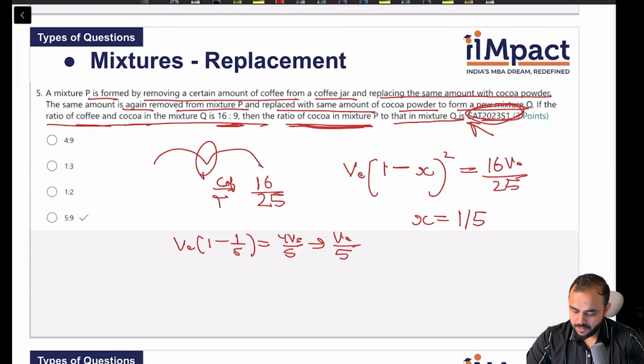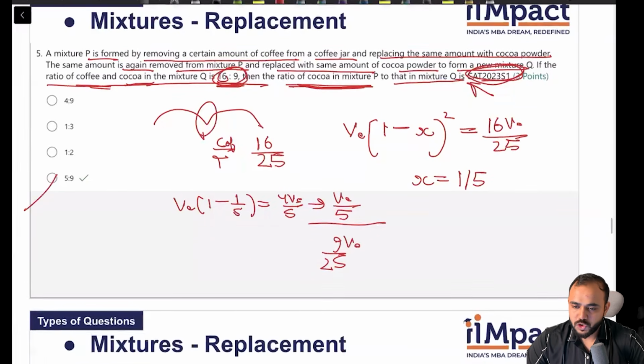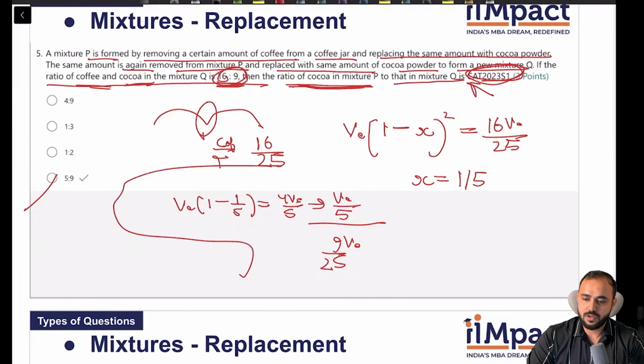It's going to be what? 9 by 25. It's already given to us. Coffee to cocoa is 16 to 9, which means cocoa to total is 9 by 25. So 9 V naught by 25 is going to be cocoa in mixture Q. They're asking us for this ratio. It's going to be what? 5 is to 9. So again, same application, but they just had to complicate it because it was 2023.